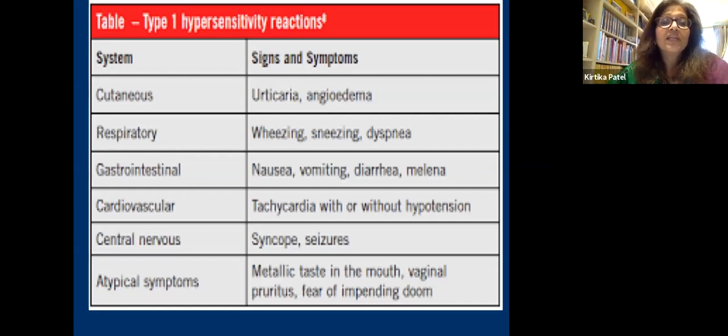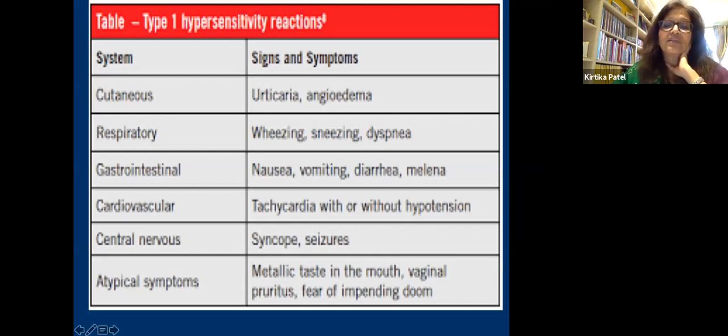But type 1, as we have seen, can cause problems in any of the systems. So in the cutaneous system, it causes urticaria, which is hives. It can also cause angioedema, and in the respiratory system, wheezing and sneezing.